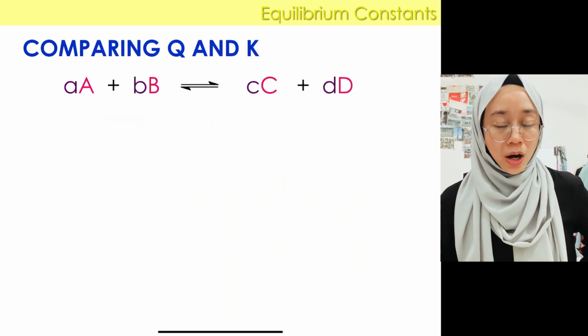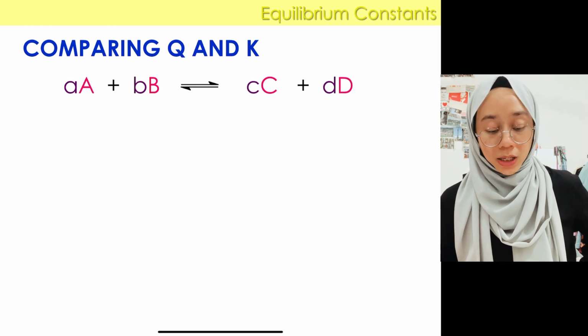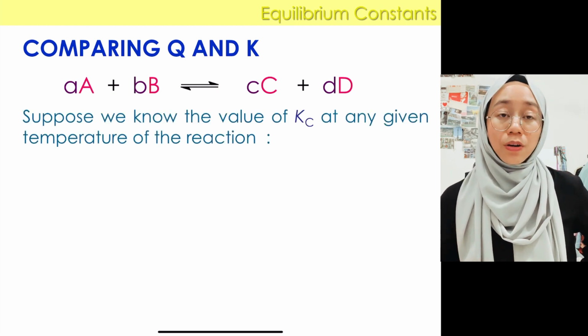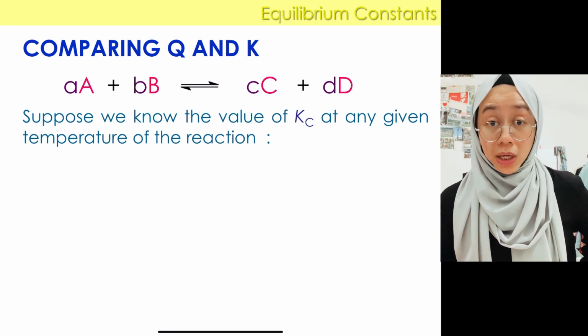Okay, so what is the use of comparing Q with K? Suppose that we know the value of Kc at any given temperature of the reaction, or maybe Kp.